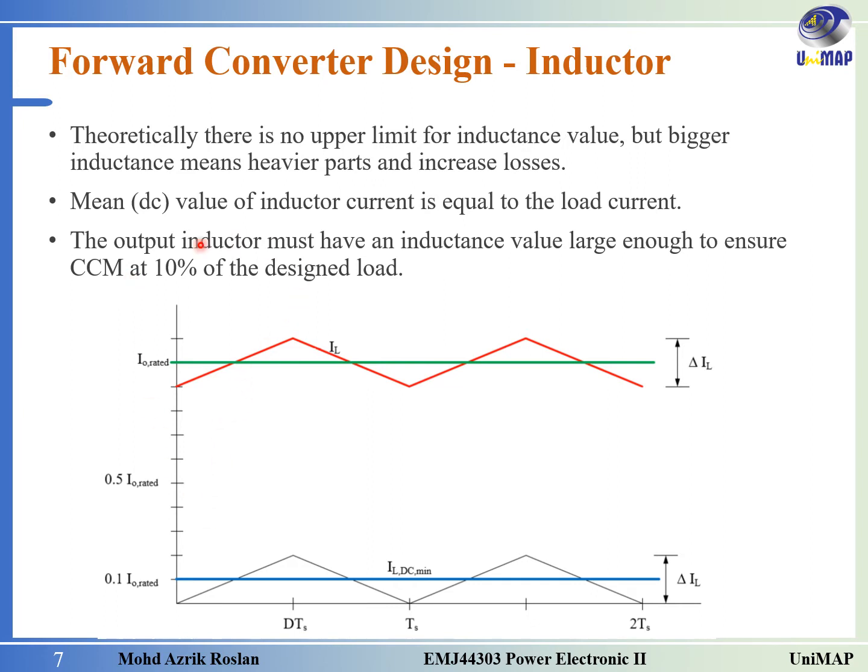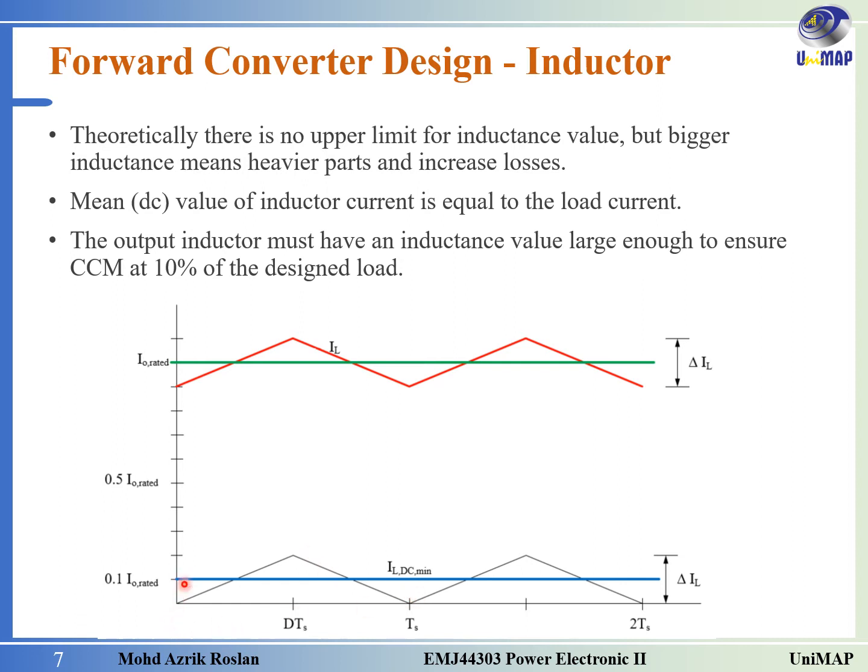So what I mean by this 10% is, let's say we have this I rated, let's say 10 ampere, just give it a value of 10 ampere at this point. We have to make sure that if our load is very small and our current goes down, even at 10% of the rated current, so let's say this one is 1 amp, at this time as well our circuit is still operating in CCM.